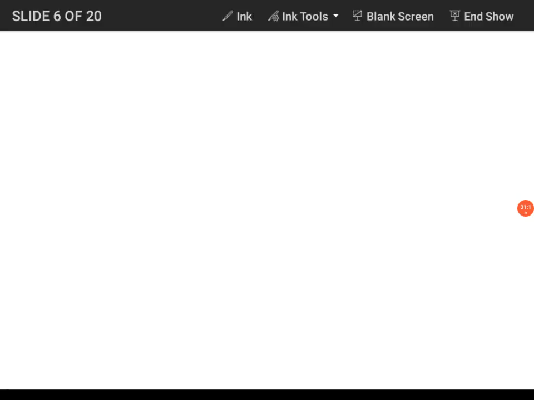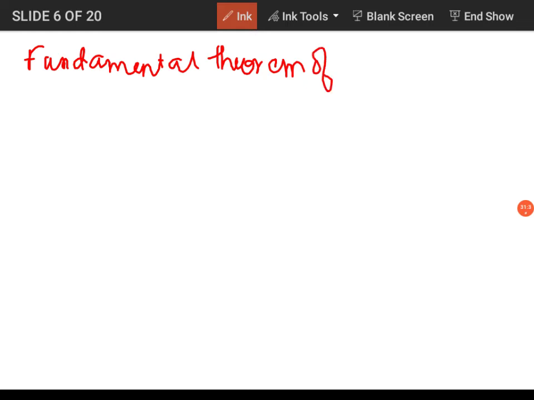And now another thing that I want to talk about, I just said it on the last page. This is known as the fundamental theorem of algebra. Okay, what is this?